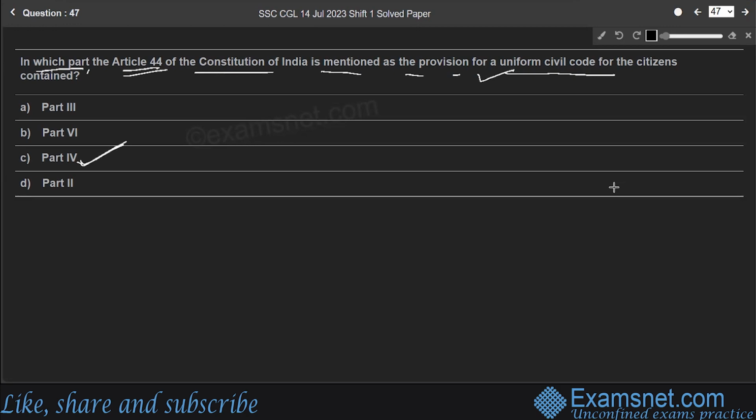So here in Part 4 of the Indian Constitution, the important articles are Article 44, which is the provision for a uniform civil code. Then Article 38, the state to secure a social order for the promotion of the welfare of the people.